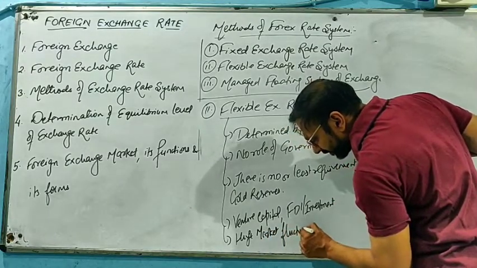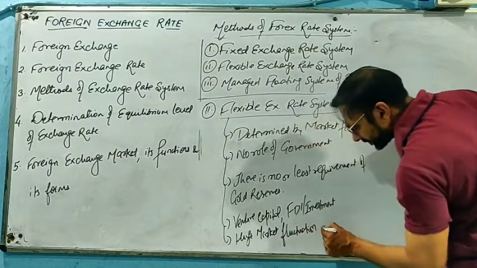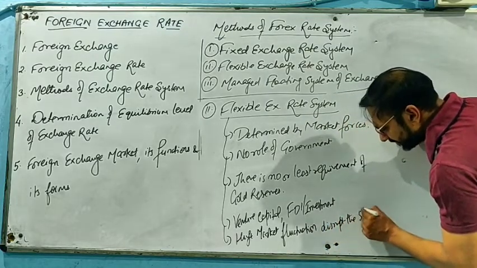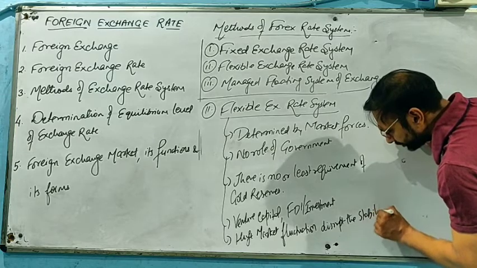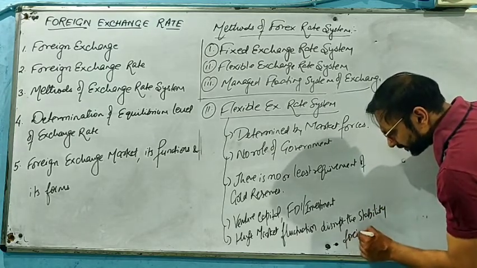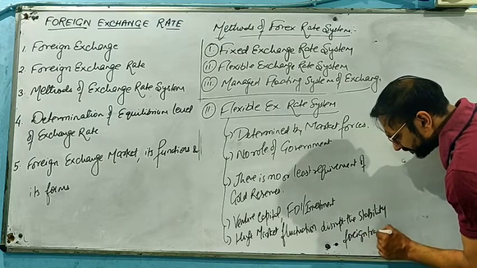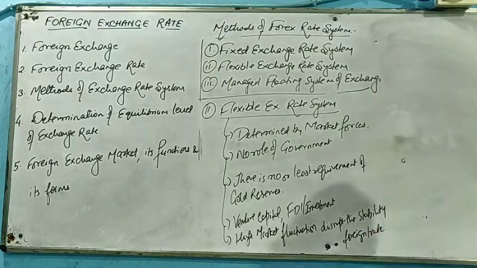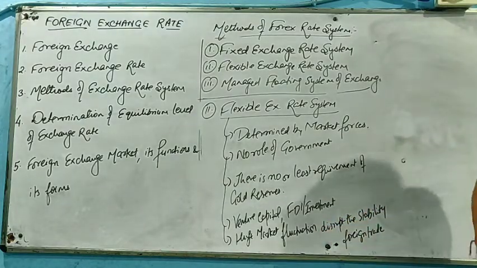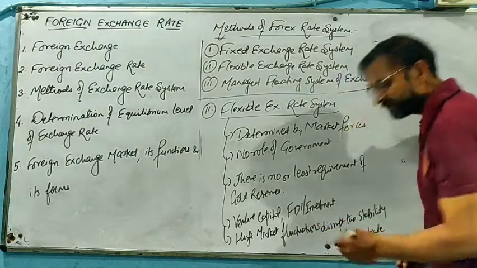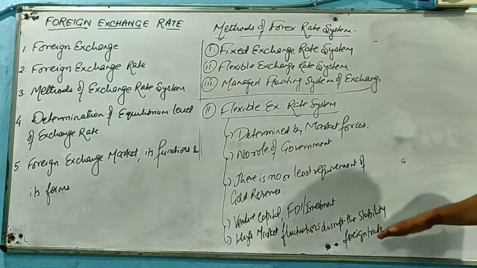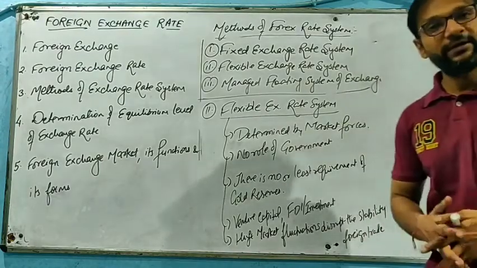Now, there is a demerit: huge market fluctuation can be established, and such market fluctuation will disrupt the stability of foreign trade. It means if we need to conduct a sound trade system, market fluctuations will definitely affect the stability of foreign trade.